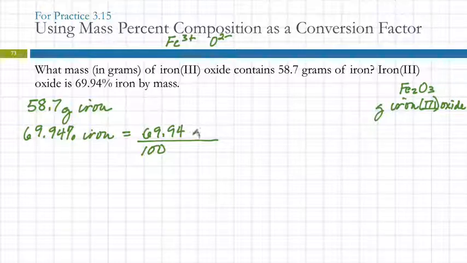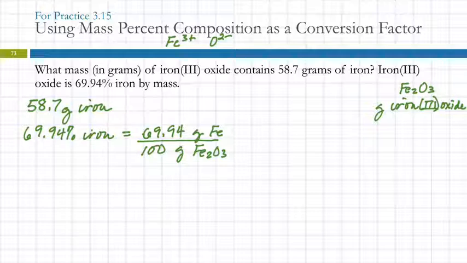So you can put the unit gram in here. You could put pounds, milligrams, kilograms, metric tons. As long as the unit on the top and the bottom agree with each other, are the same, it doesn't matter what the unit is. They cancel each other out. So this is grams of iron per 100 grams of the compound Fe2O3.